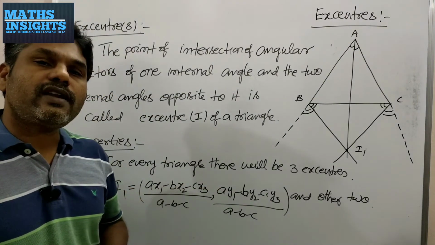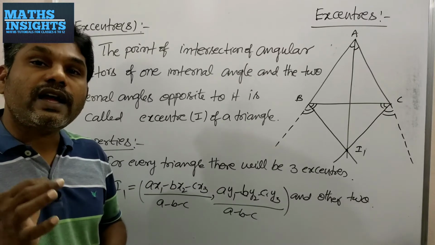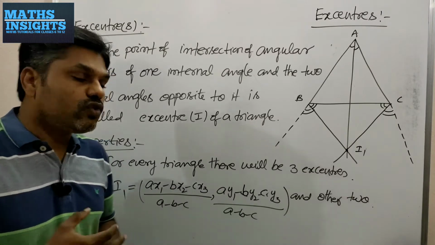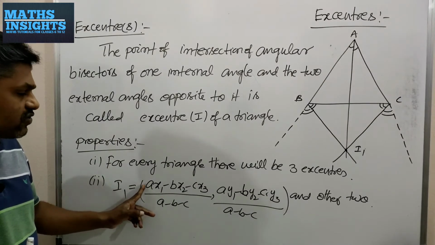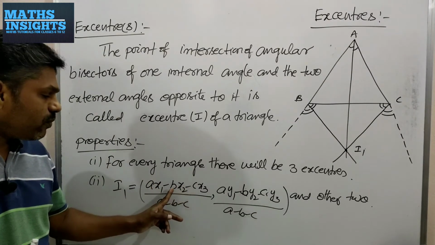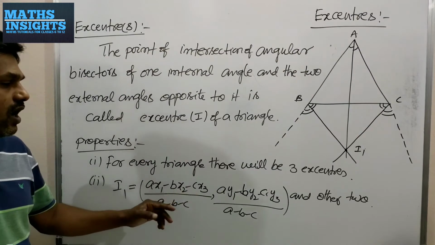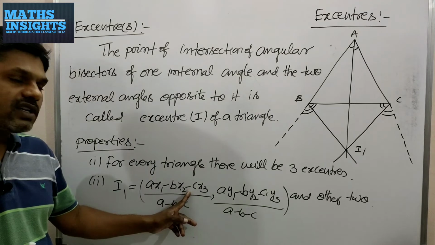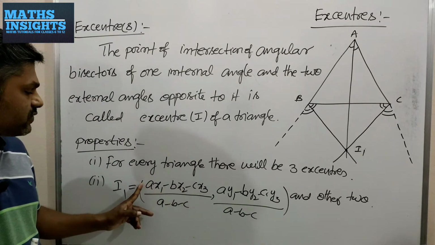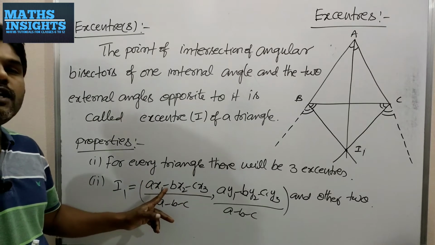You may calculate I2 and I3 also. For I2 you will have minus for a x1 and c x3, and plus for b x2. If you want to calculate I3, you will have plus for c x3 and minus for a x1 and b x2.